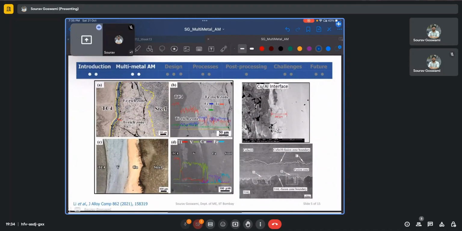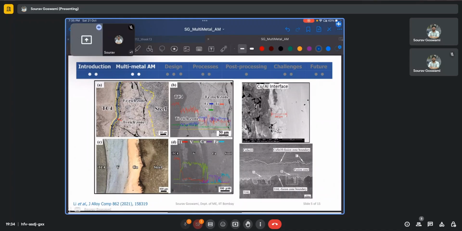However, in multi-material AM, there are often regions of, say, inhomogeneity or regions of defects, or there would be variation in the composition or concentration of materials across the interfaces mostly, such as here in the case of a TC4 and steel joint, we have an Fe ridge zone given in yellow and a Ti ridge zone shown in gray.